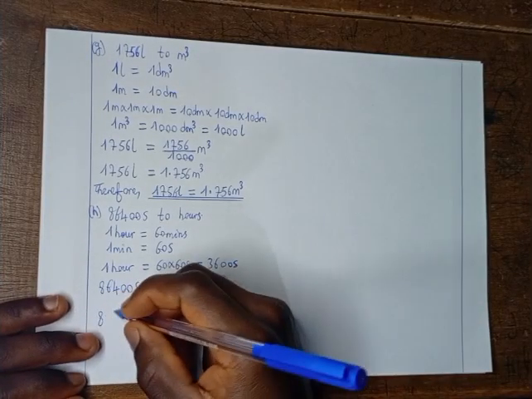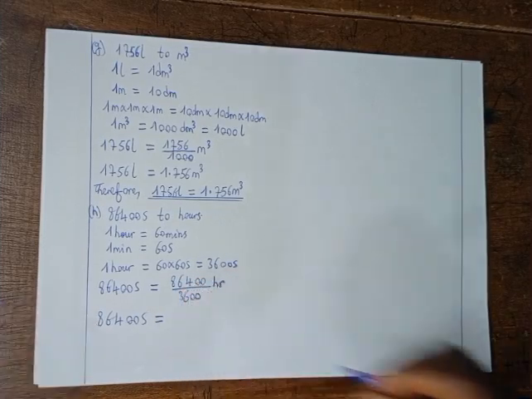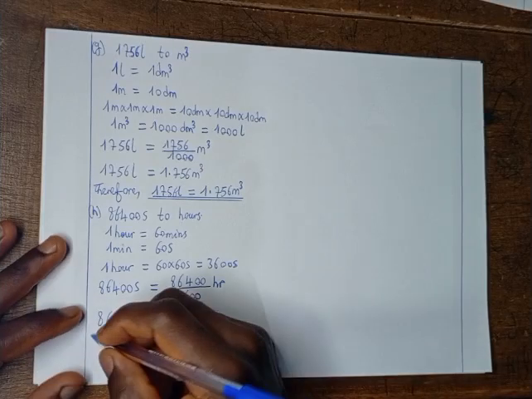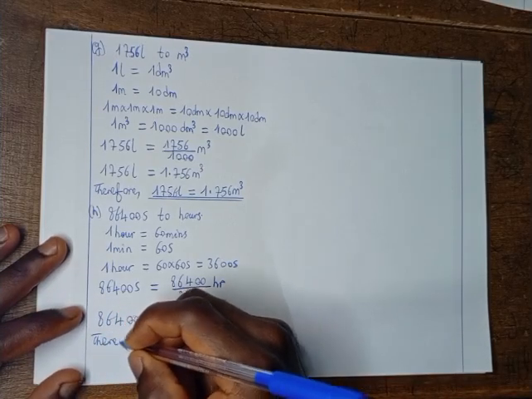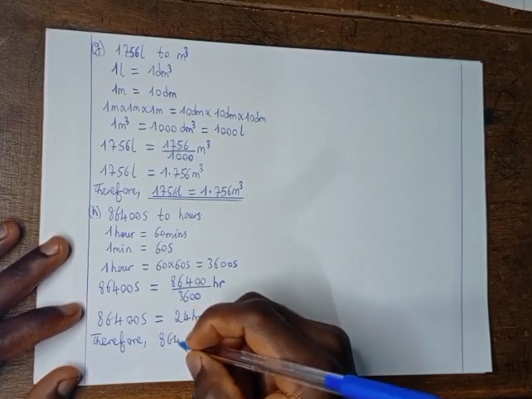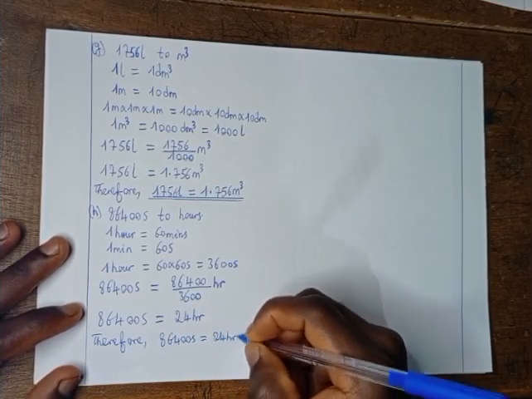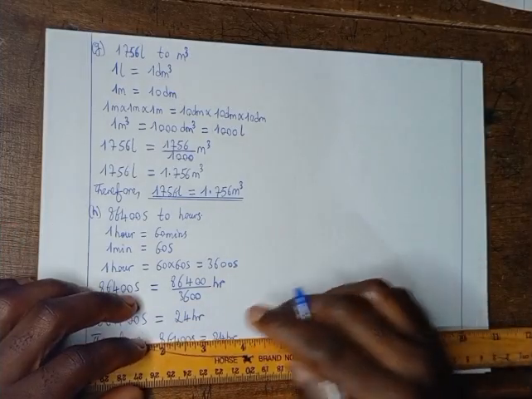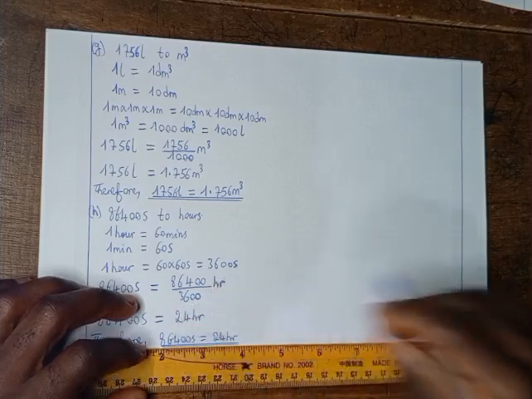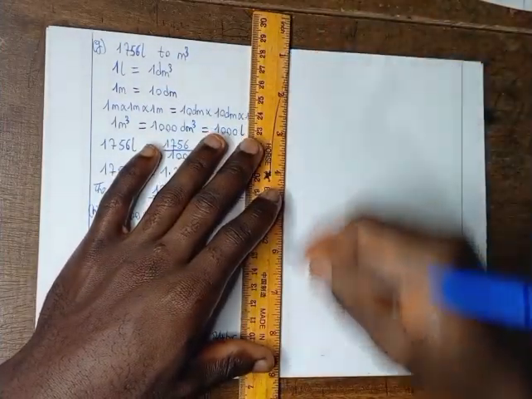So this will give us 86,400 seconds to be equal to 24 hours. We conclude, therefore, 86,400 seconds is equal to 24 hours. That means it is equal to 1 day. These are the number of seconds in a day, since we know that 24 hours makes 1 day.